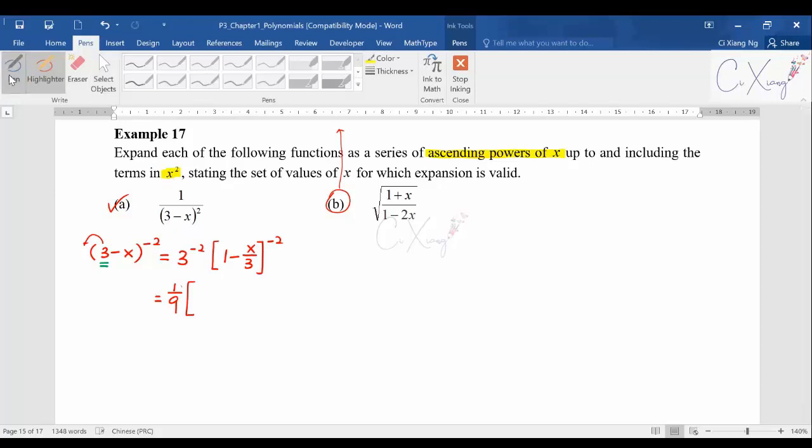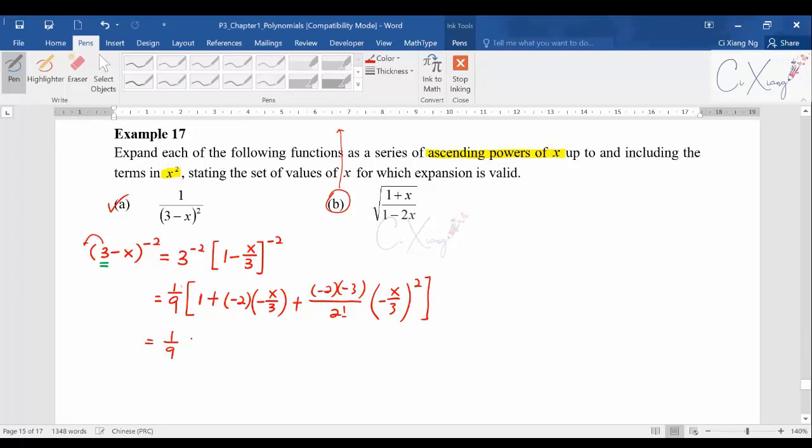So what you have here is, again, the first term is always a 1. The second term is nx, so your n is negative 2 and x is negative x over 3. Then n(n minus 1) divided by 2 factorial, and then the whole thing to the power 2.